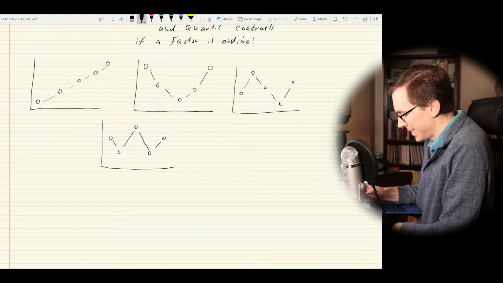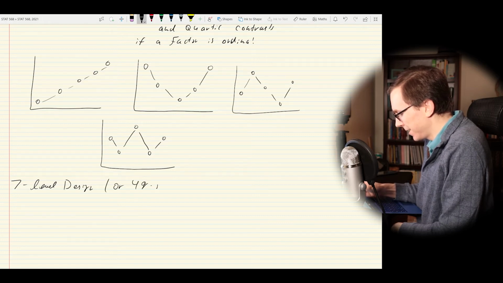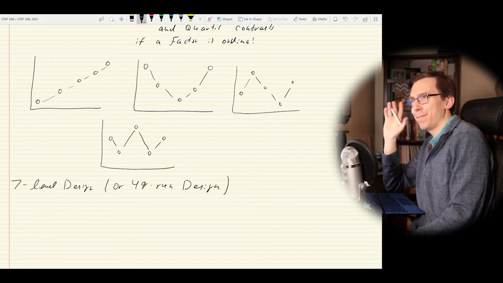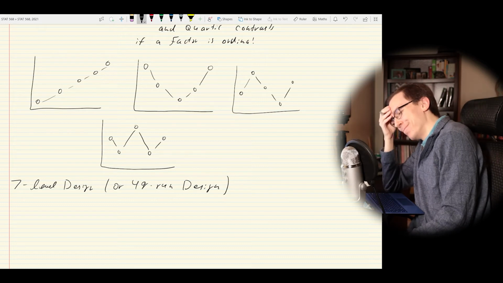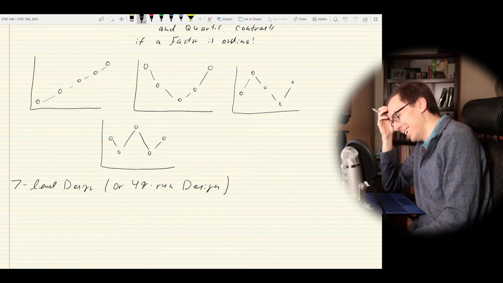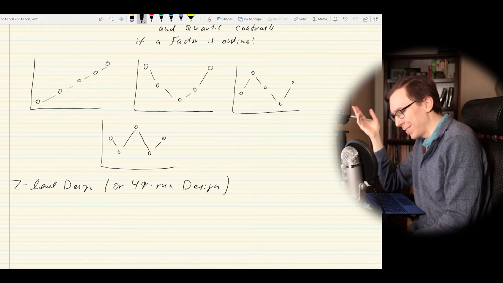And then we can also consider the 7-level design, or the 49-run design, because you really don't want 5 cubed observations, since you don't really care about all of those higher order interactions. And you definitely don't want 7 cubed. That's just getting even worse.